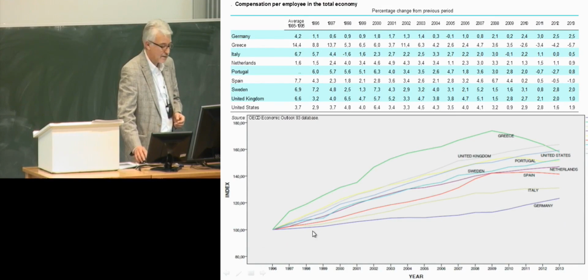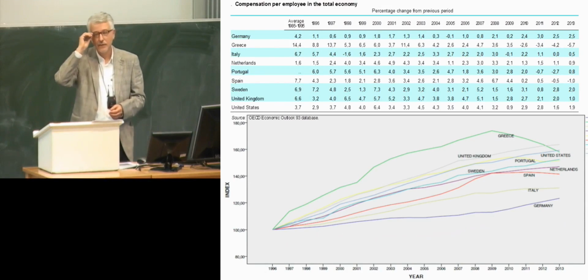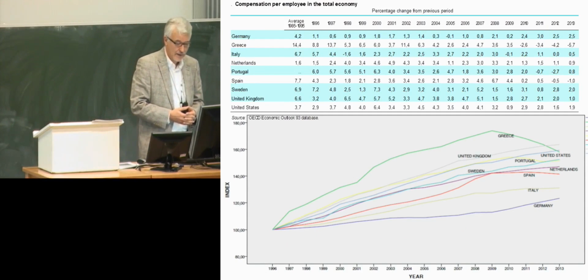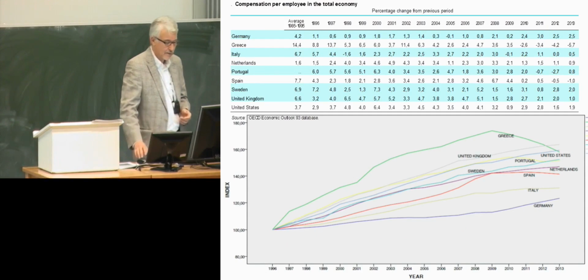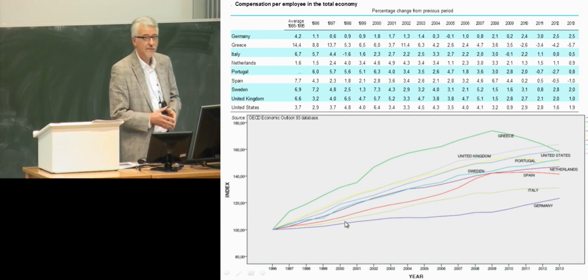And you see Germany has got a very continuous development of wages, whereas wages almost exploded in Greece. And you can see the euro didn't change this.